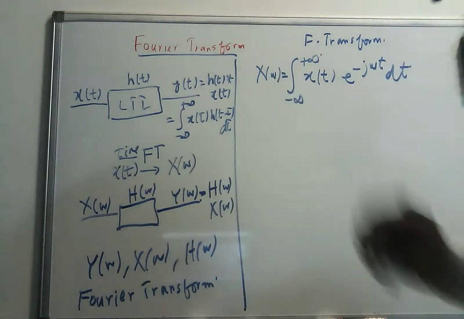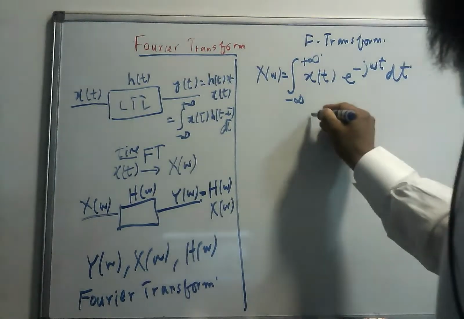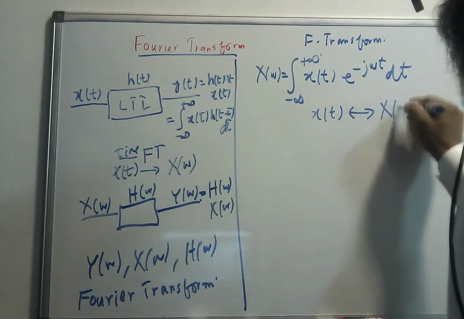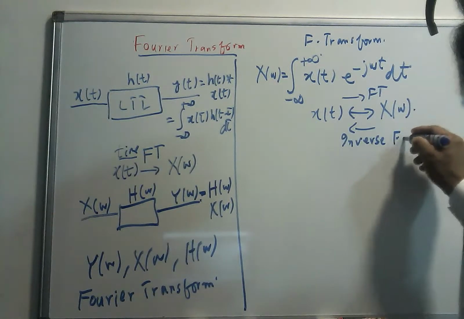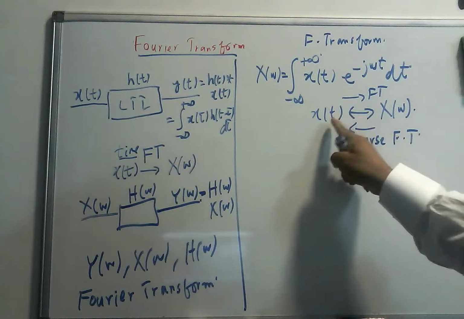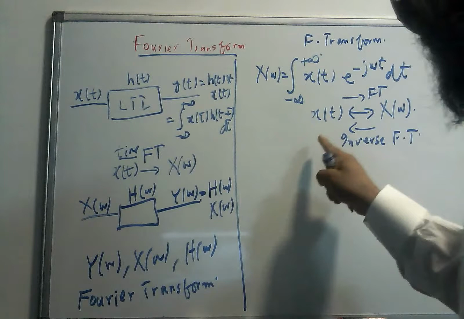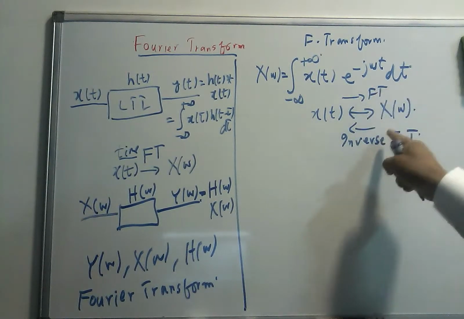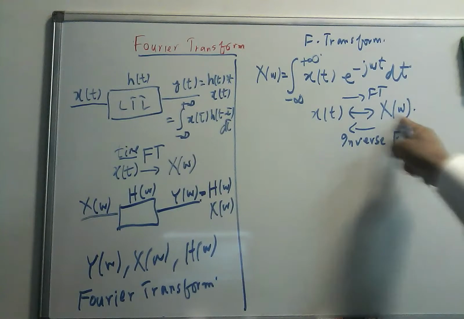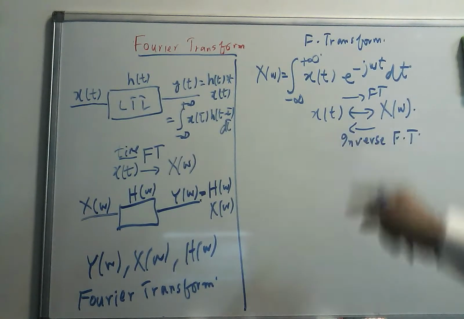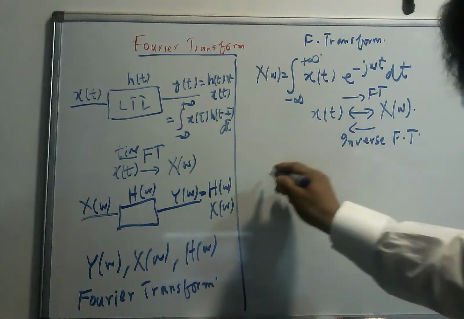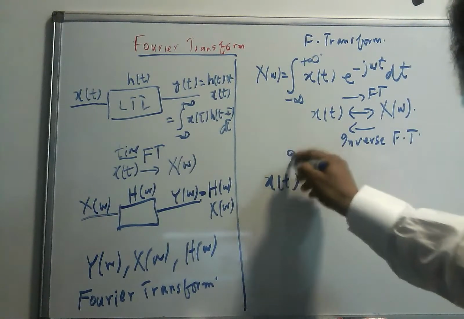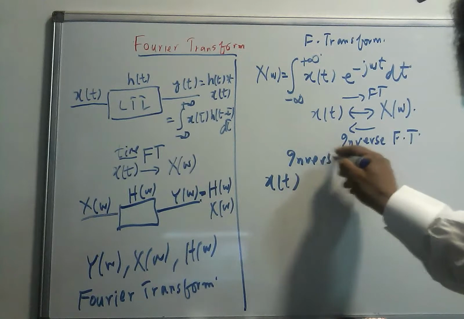So x of omega is called the Fourier transform. To convert x of t to x of omega, I do the Fourier transform. To convert x of omega back to x of t, I do the inverse Fourier transform, and the inverse is given by this integral.